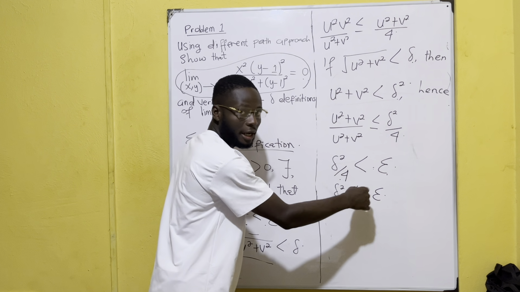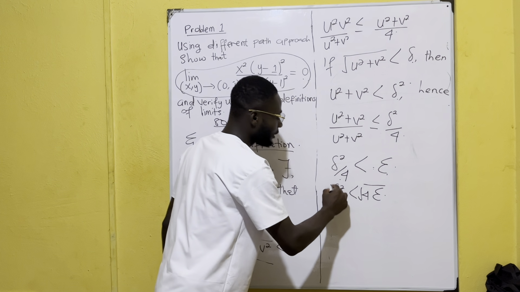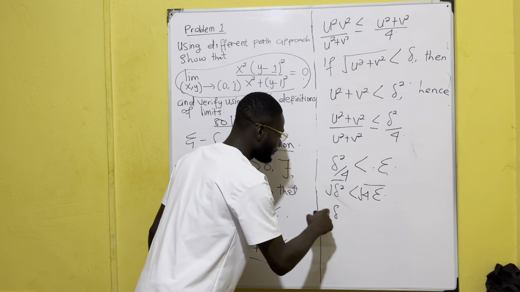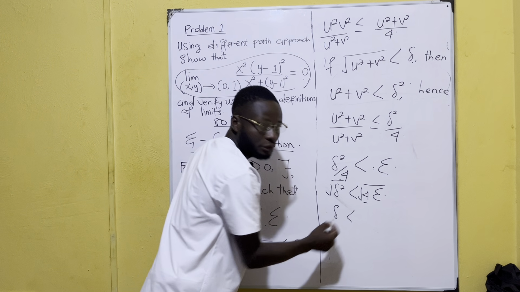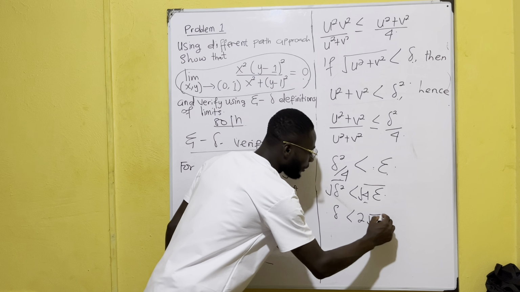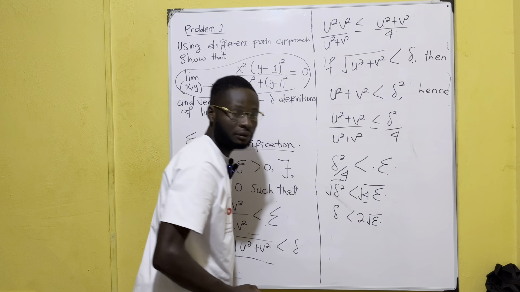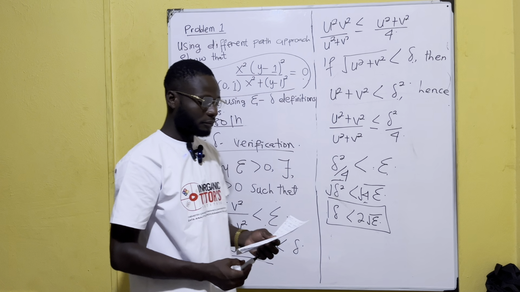When you take the square root on both sides, the square root of 4 is 2, so you have delta less than 2 times the square root of epsilon. So that is for delta.